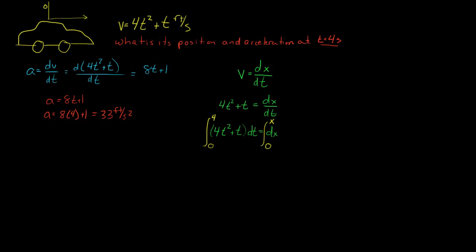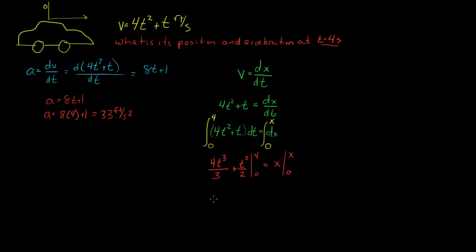So if we perform this integral, we get 4t cubed over 3 plus t squared over 2, evaluated from 4 to 0, and this is equal to x, evaluated from x to 0.